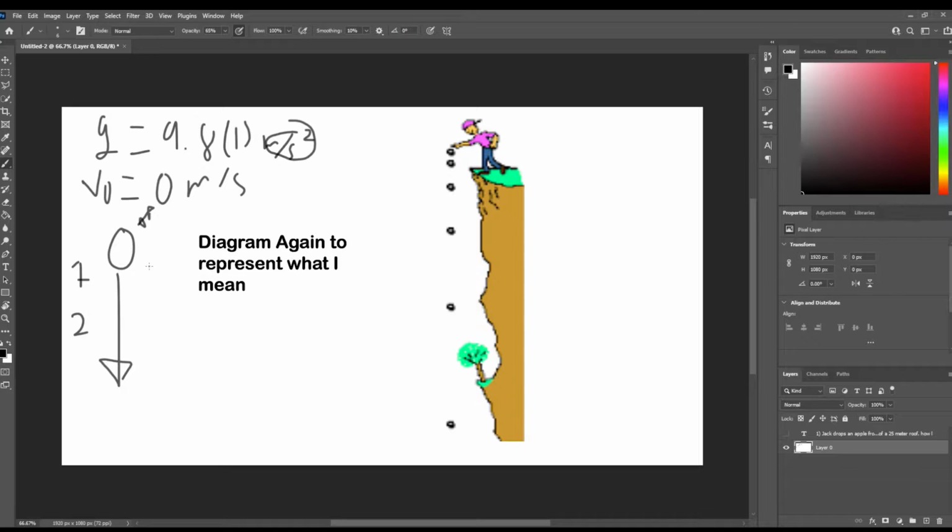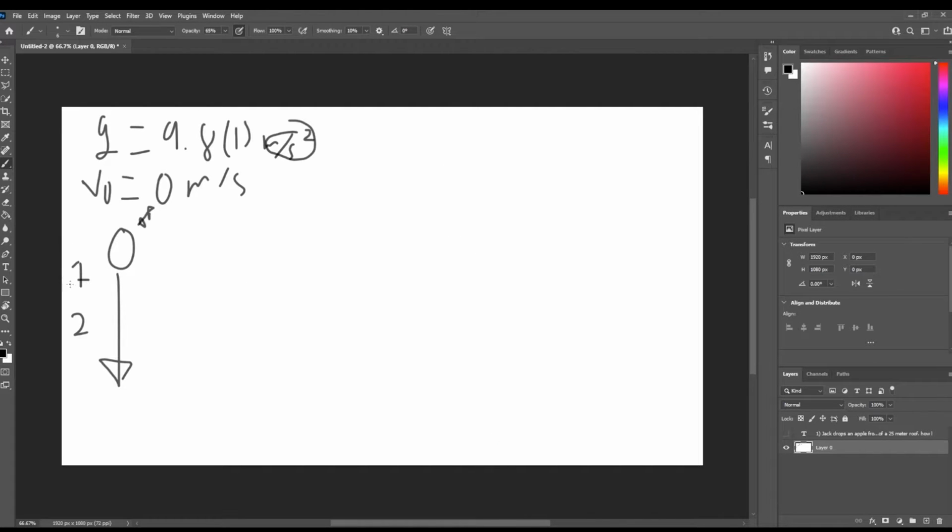So if we're finding our v final, let's say for 1 second, how fast would this theoretical rock or ball be going at 1 second? We would use the equation v final equals v0 plus gt. We have v0, which in our scenario is going to be 0, so we can just cross that out.